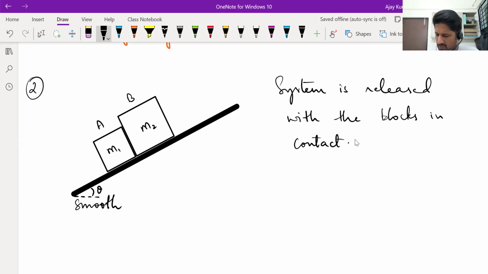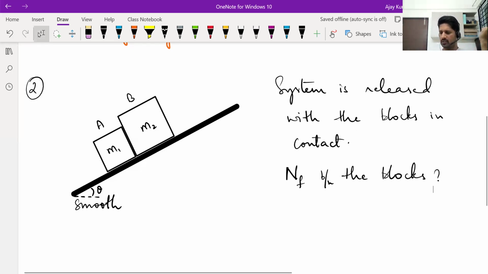The question is the same. What is the normal force between the blocks? Think about it, all of you. Will the blocks be pushing each other this time?